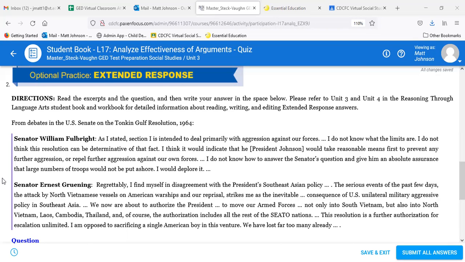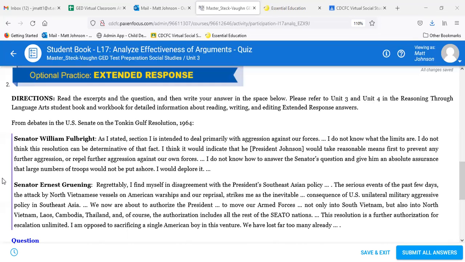I give him an absolute assurance that large numbers of troops would not be put ashore. So he would not like to see that, but he can't offer any evidence that that's not going to happen. So that's part of the problem there in his argument. How could we avoid it?